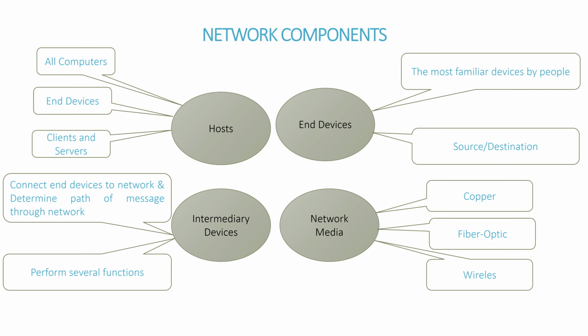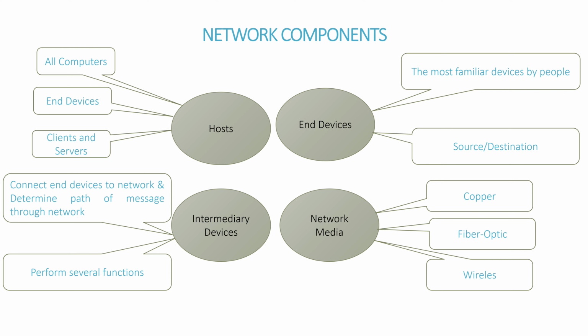To find which one you have to use when you create a network, there are some criteria. The four main criteria to choose the network media are: what is the maximum distance that the media can successfully carry a signal? Secondly, what is the environment where the media will be installed?